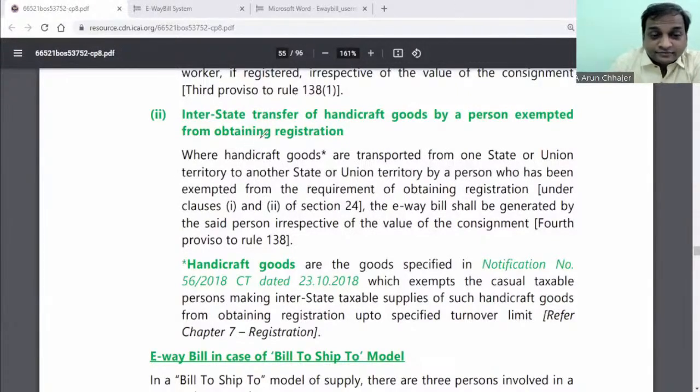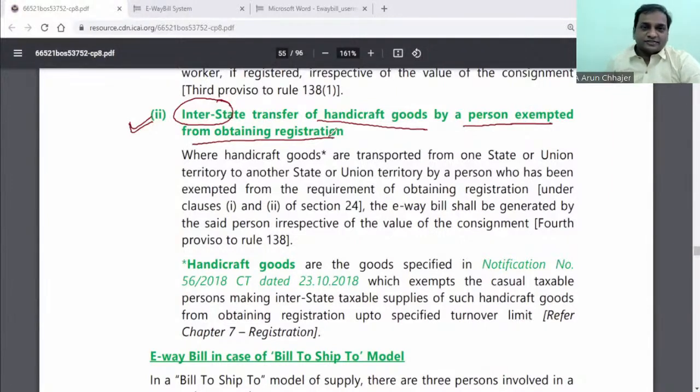Fine. Now the second and important case: interstate transfer of handicraft goods by a person exempted from obtaining registration. Section 24. You remember Section 24, we have discussed that a casual taxable person is normally covered in the compulsory registration.